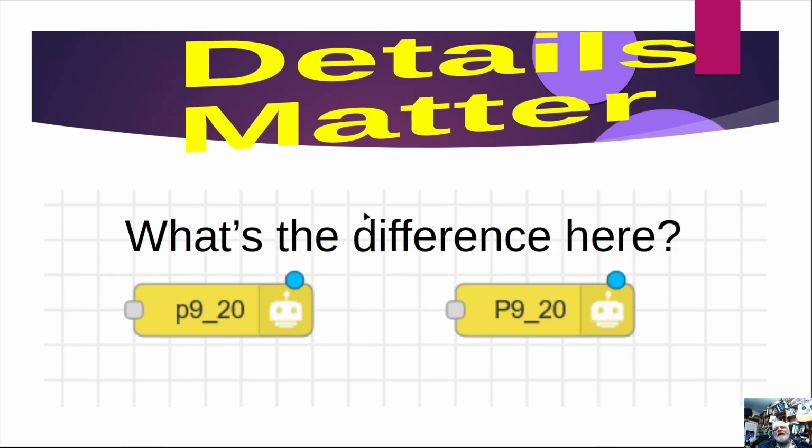So when you're working in programs, especially with the GPIO pins and stuff, you have to pay attention to detail. If you notice here, the one on the left has a lowercase p, and if you type that into the configuration, it will not work.